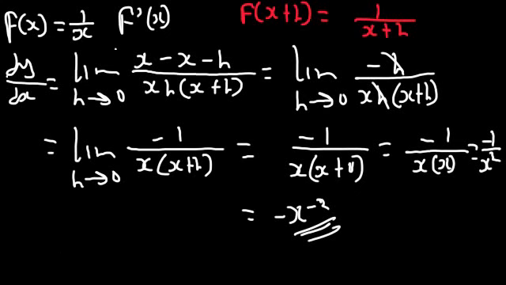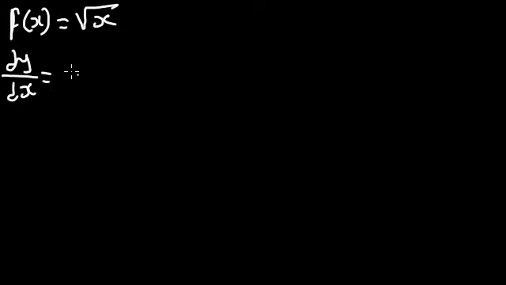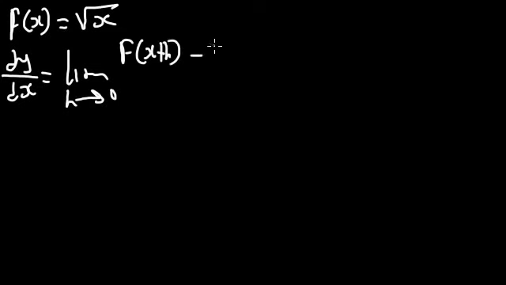So on to example number 4. Consider the function y or f(x) equals the square root of x. So feel free to pause the video and find the derivative of this function. So just like before, let's define the formula first. dy/dx is equal to, I'm about to forget the limit as well, equals the limit as h approaches 0 of f(x+h) minus f(x) all divided by h.